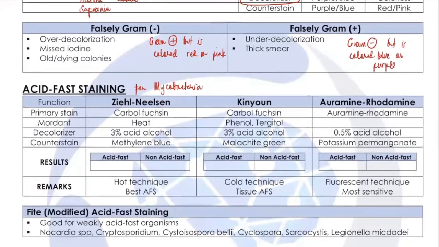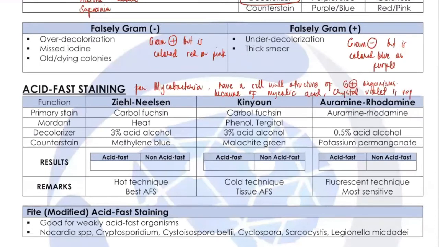However, because their cell wall also contains mycolic acid, this substance repels crystal violet, which is the primary stain for gram stain.